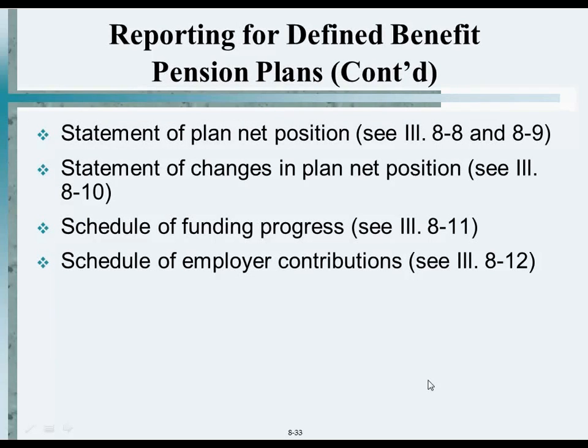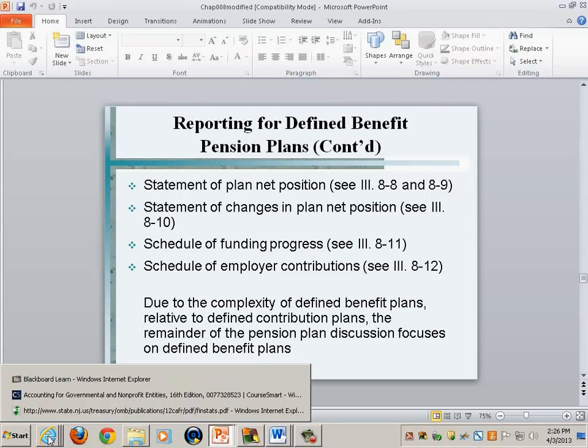There are 4 statements that you will find: a statement of plan net position, a statement of changes in net position, a statement of funding progress, and a statement of employer contribution. Let me see if I can get to them so you can take a quick look, because for Jacksonville, it's pretty straightforward.